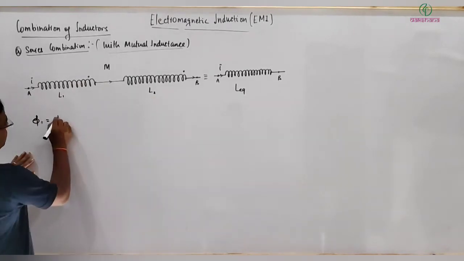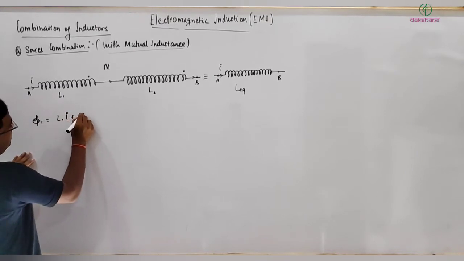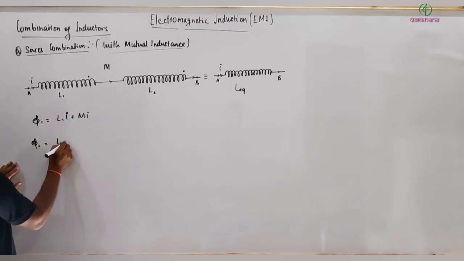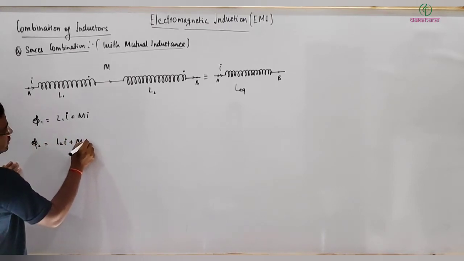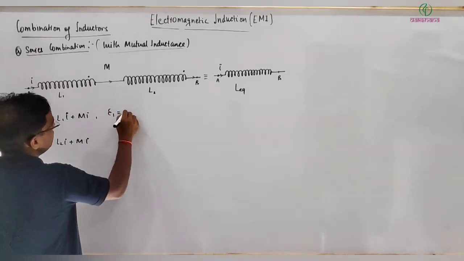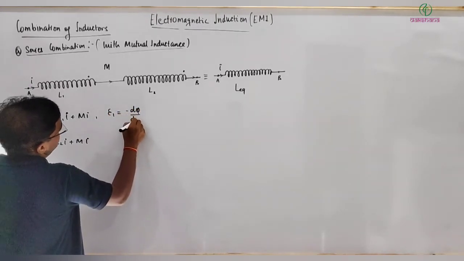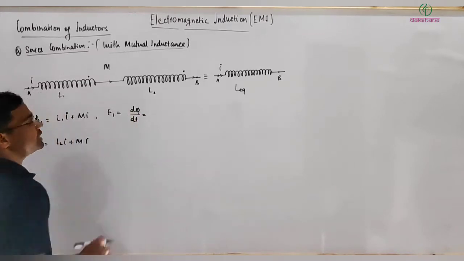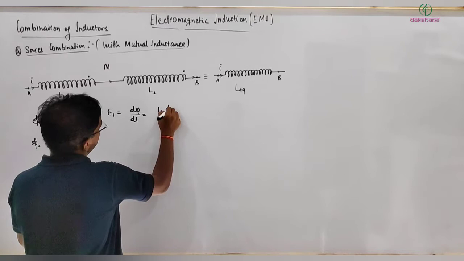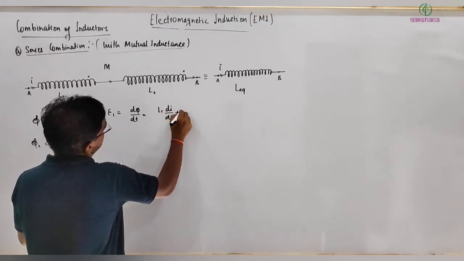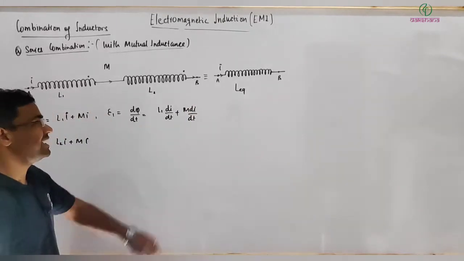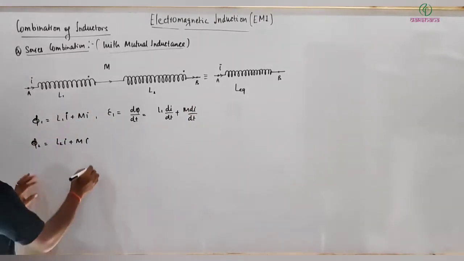So phi 1 is equal to L1 into I plus M into I. Similarly phi 2 is equal to L2 into I plus M into I. And I can write the EMF E1 is equal to minus d phi by dt, or if I'm just writing the magnitude, it is L1 di by dt plus M di by dt, or I can write (L1 plus M) into di by dt.